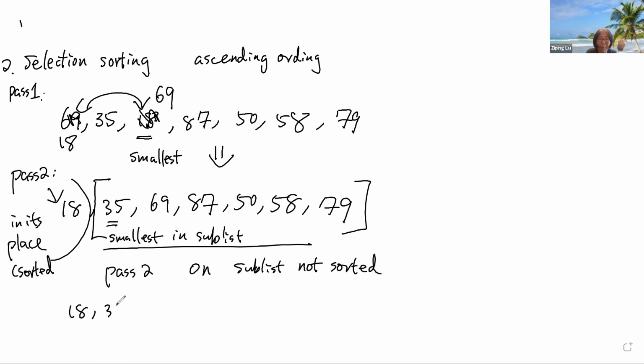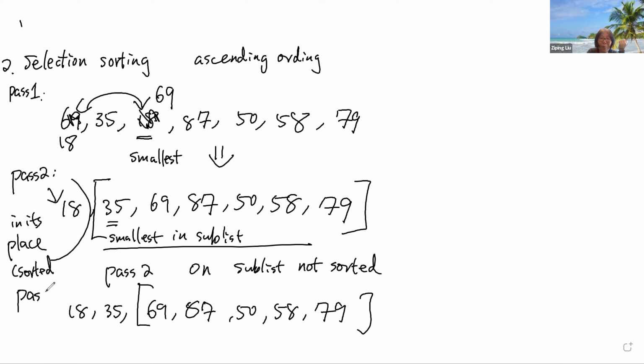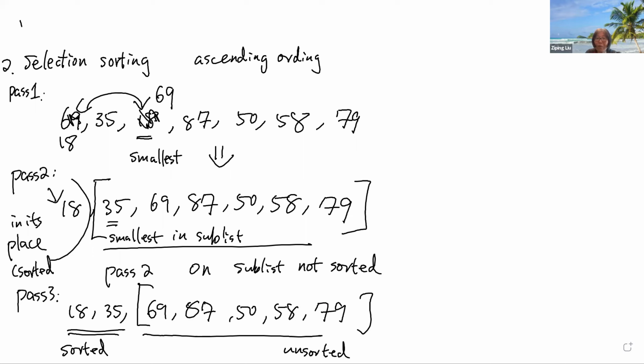So we can clear it. 87, 50, 58, 79. So after the first two passes, the first two numbers are already sorted, and this is the unsorted list. Then we can keep doing.